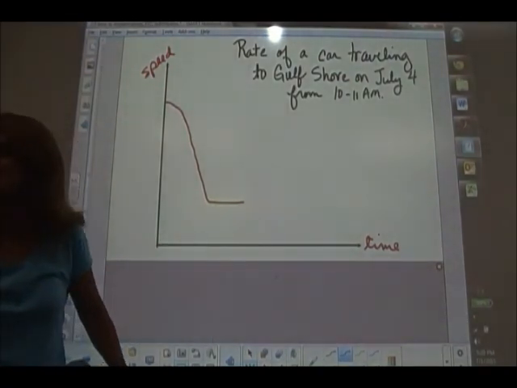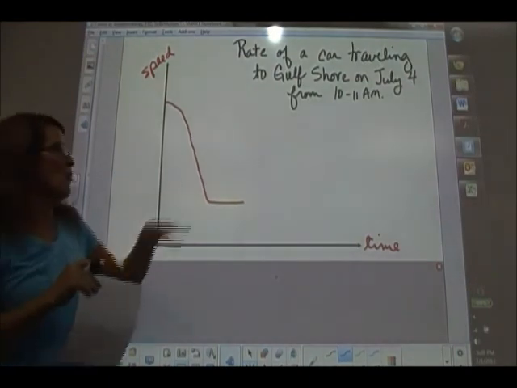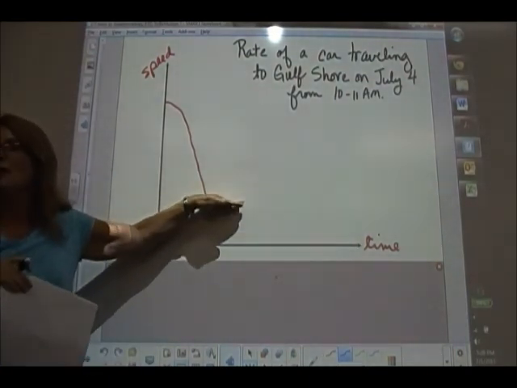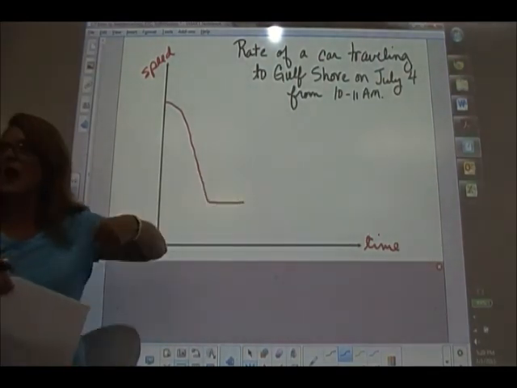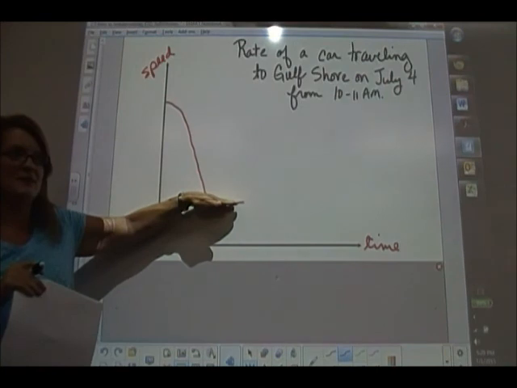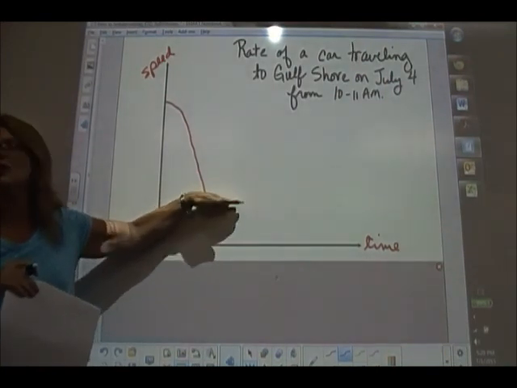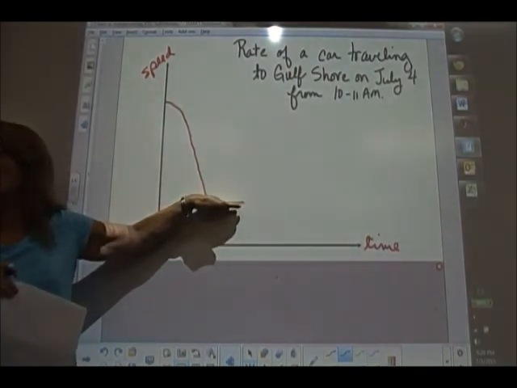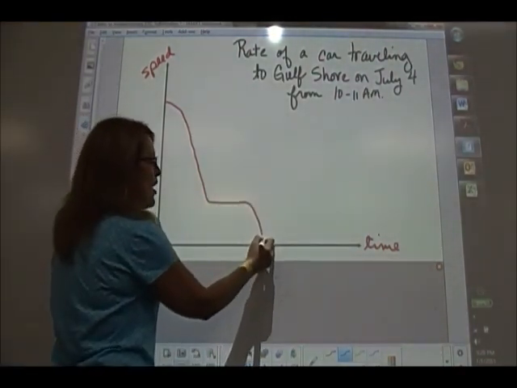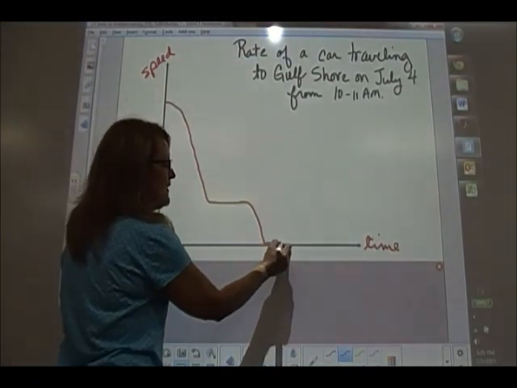Yeah, because we thought about distance before when we looked like this, and with our distance function, we were stopped. But now my speed is constant, right? What would it look like on this graph if my car stopped? All the way down to zero. Good.